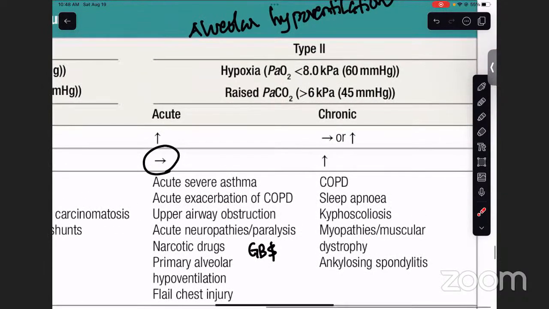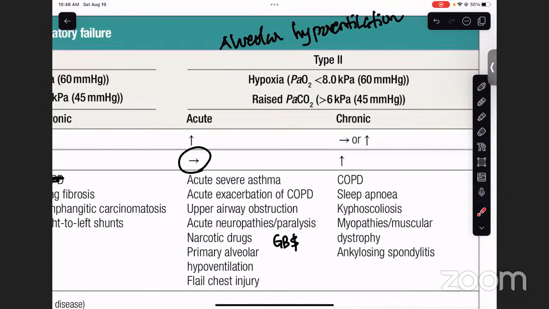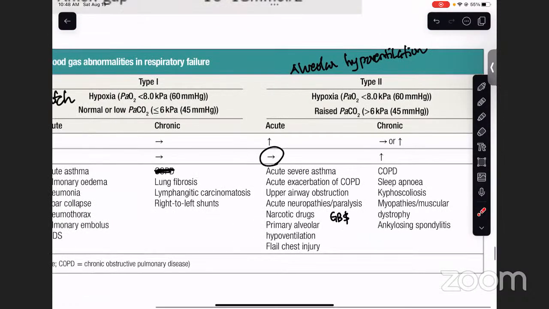And in type 2 respiratory failure, the underlying pathology is alveolar hypoventilation. In the case of type 2 respiratory failure, there will be alveolar hypoventilation and the carbon dioxide washout will be reduced. So PaCO2 will be increased.